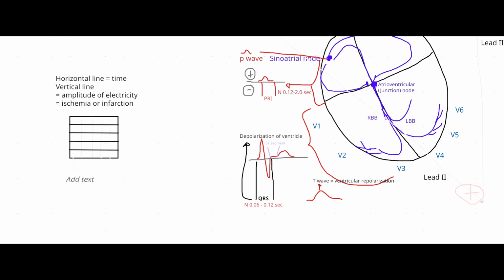Each small square equals 0.04 seconds, okay? Each big square equals 0.2 seconds. And this is horizontal, this way, okay? Because it's time, right? So that's how long it takes for electricity to travel.